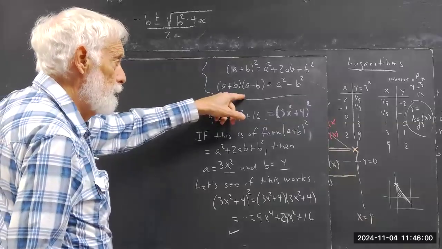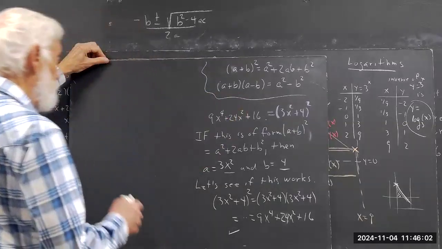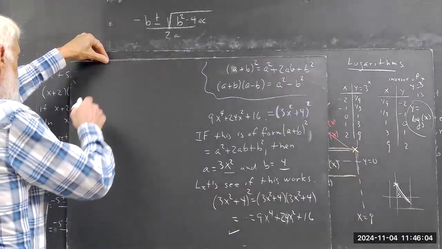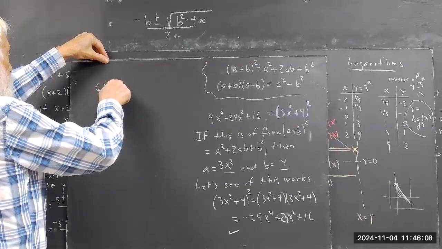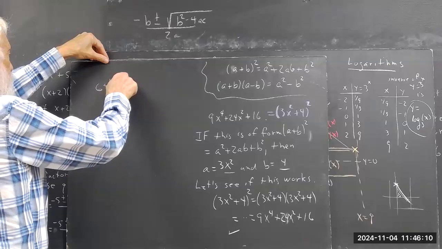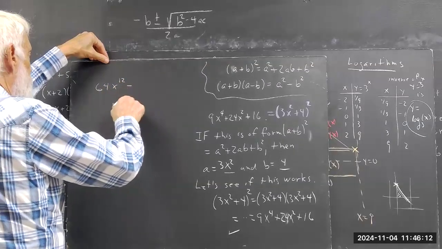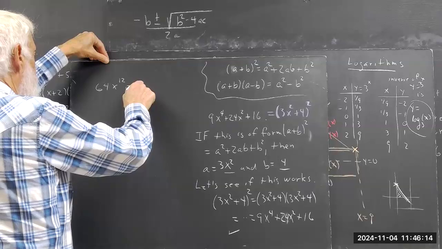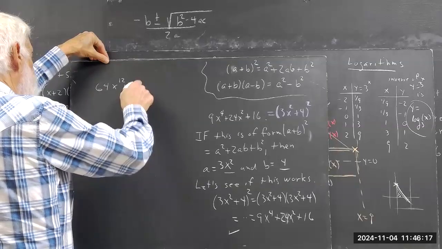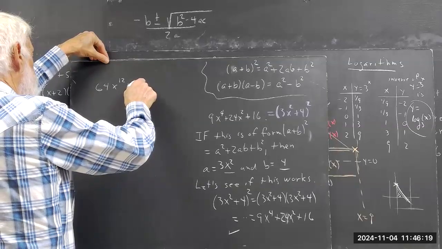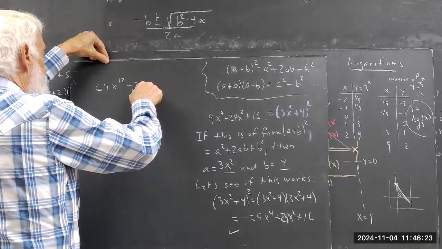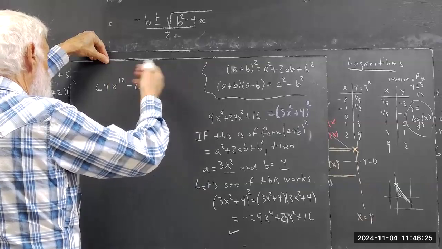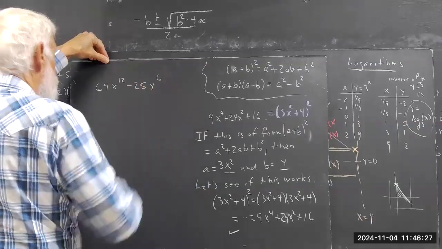We've done an example like this, but let's do another one. Let's say we've got 64x to the 12th minus 25y to the 6th.